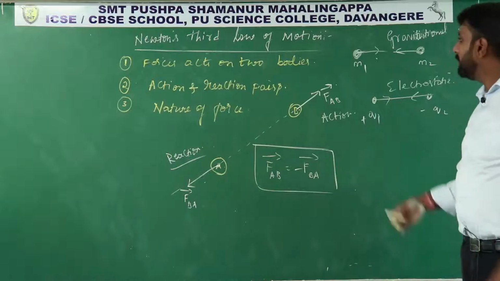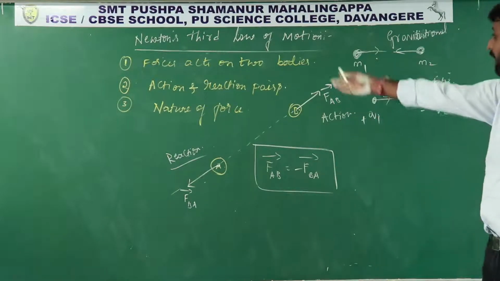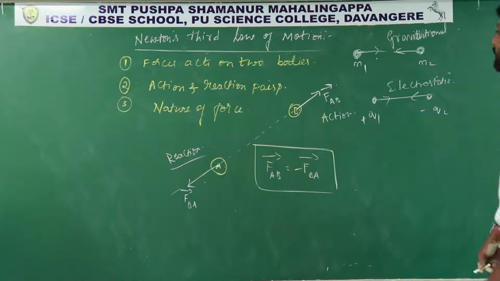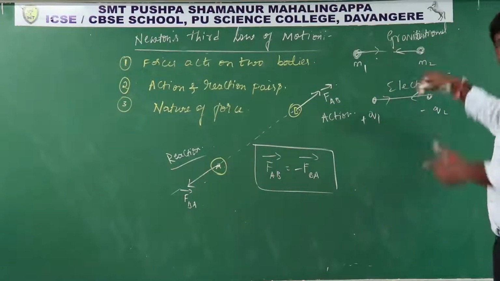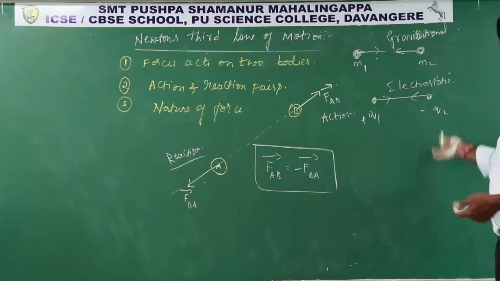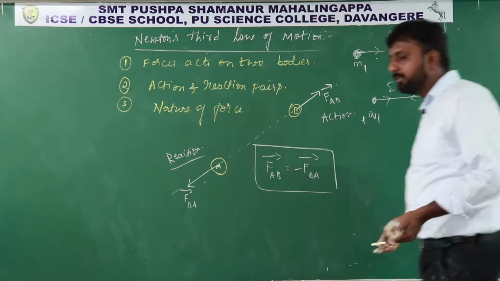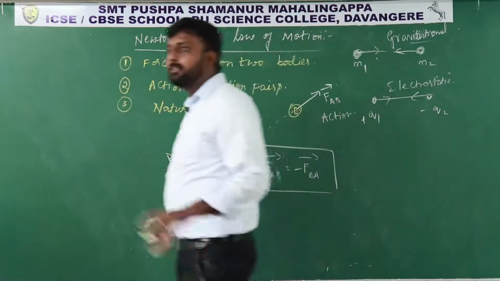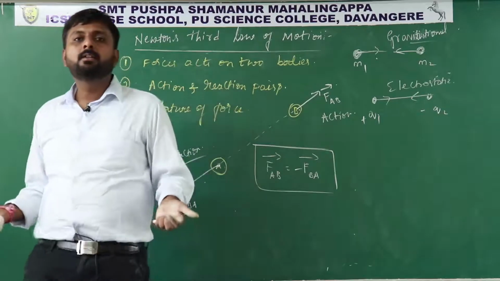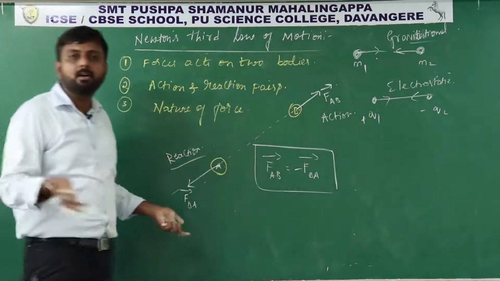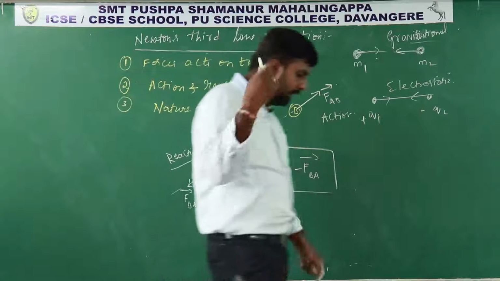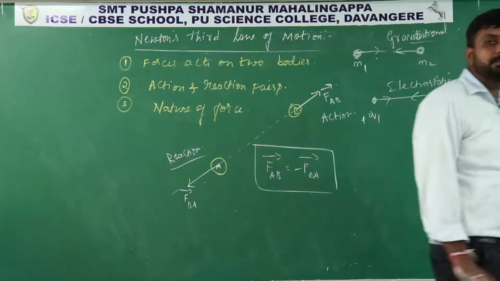When we consider the third law of motion, that is the action reaction pair, a mass cannot apply force on a charge. Why? Because this is gravitational force and that is electrostatic force. In that case the nature is different, so it will not form an action and reaction pair.